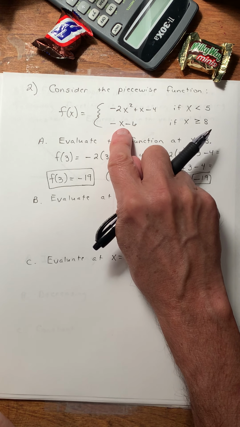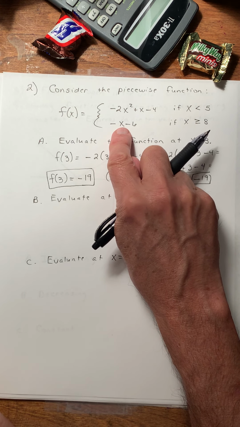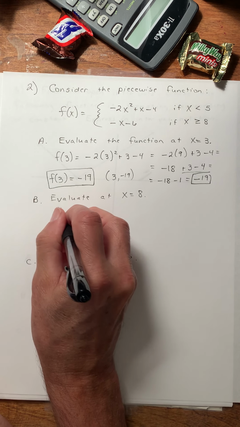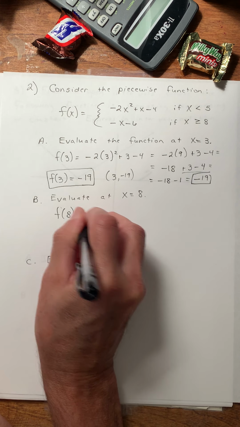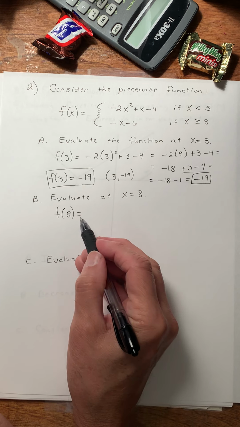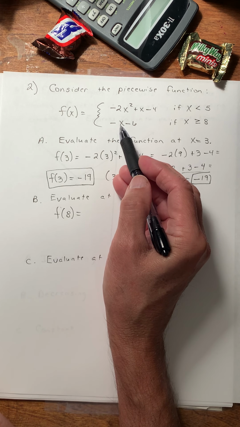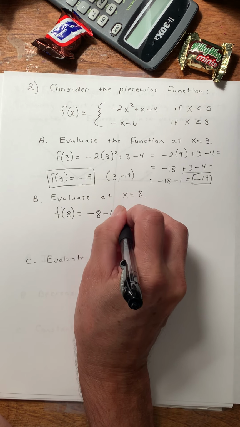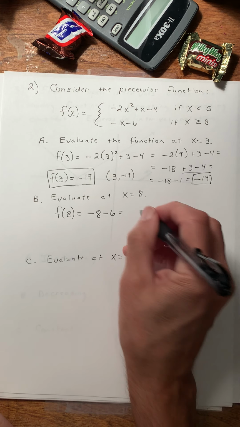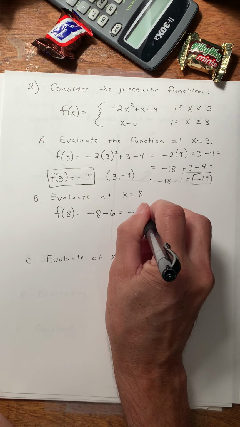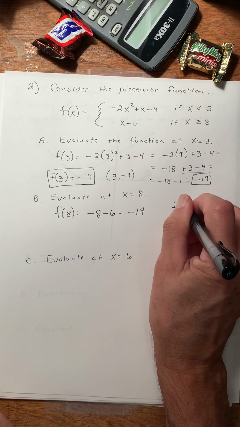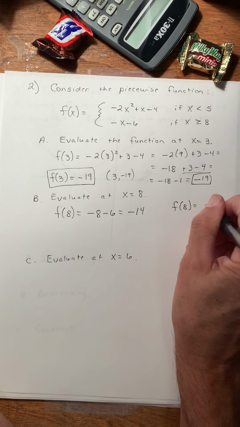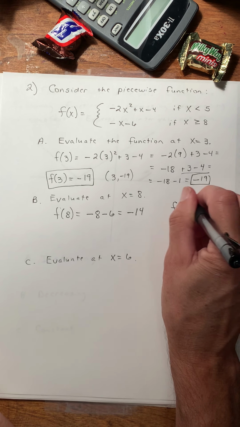So that's the expression of the function I will use to find out what f of 8 is. F of 8 is going to be everywhere there's an x, I'm going to put an 8. Negative 8 minus 6. Use your calculator if you need to. Negative 14. So f of 8 is negative 14.